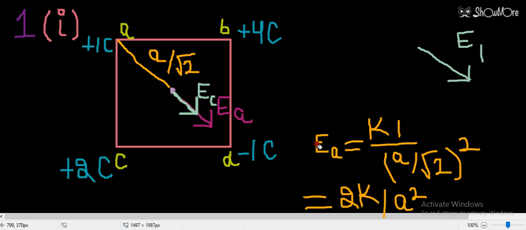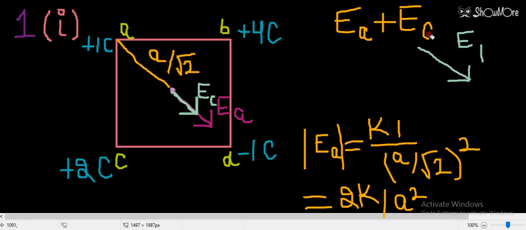In the same way, when you have to find the magnitude of EC, EC will be also the same. So E1 is equal to EA plus EC. This is equal to 2K by A square plus 2K by A square.